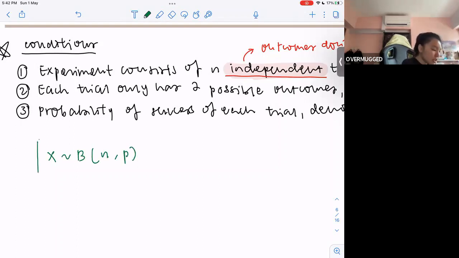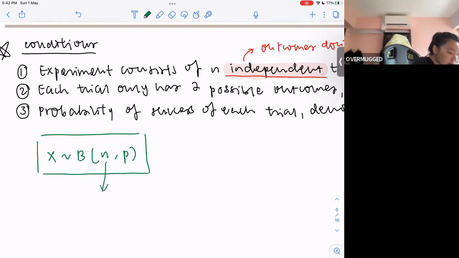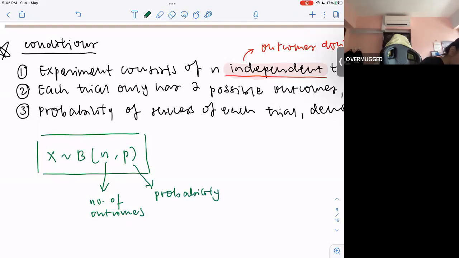This is the magic equation that you will be writing. X follows a binomial distribution, where n is the number of outcomes, and P is your probability of success, whatever you define success as.